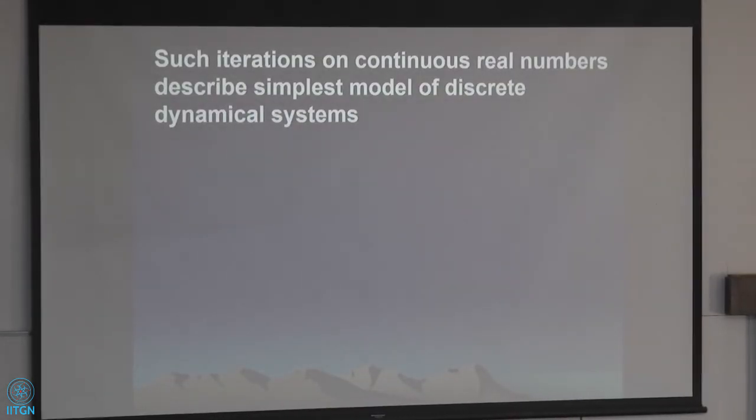So, it is very simple. Such iterations on continuous real numbers look very good, but we will see how complicated it can become, because this is what is done on the simplest model of discrete dynamical systems.